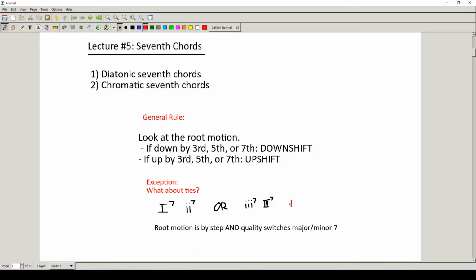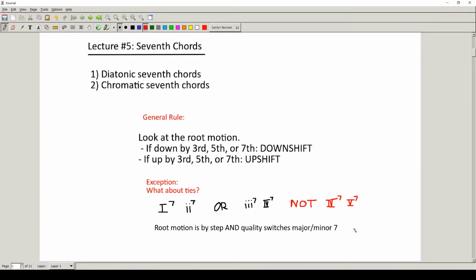Notice, importantly, that means that there will not be a tie if I have a progression from IV7, which is a major 7th chord, to V7, which is a dominant 7th chord. Since this is neither a major nor a minor 7th chord, this progression, 4 to 5, won't be a tie.